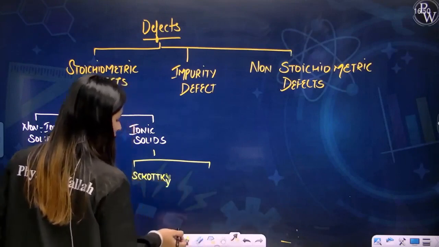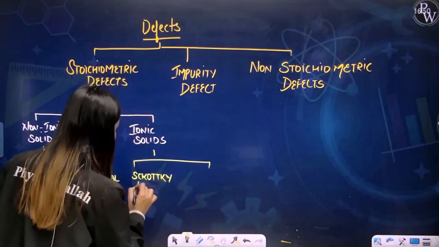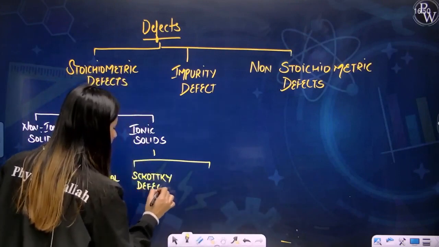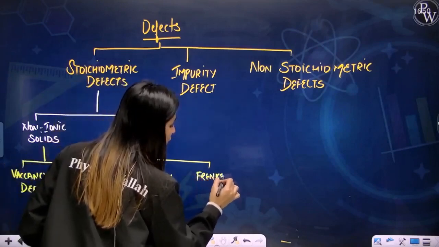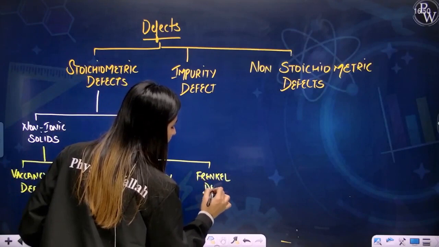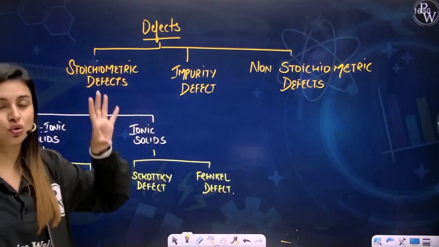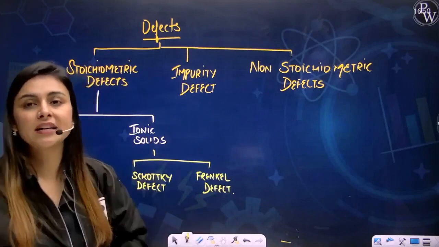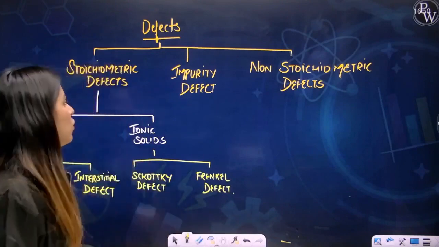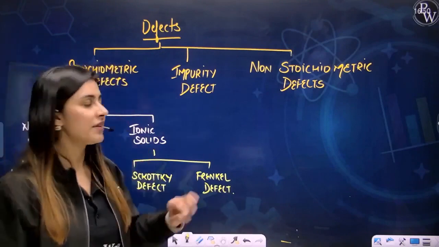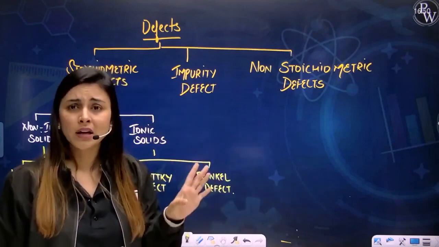And Frenkel defect. We'll study each and every one of it individually. Now, these are the defects which maintain your stoichiometric ratio. That is, the cations to anions ratio will be fixed.